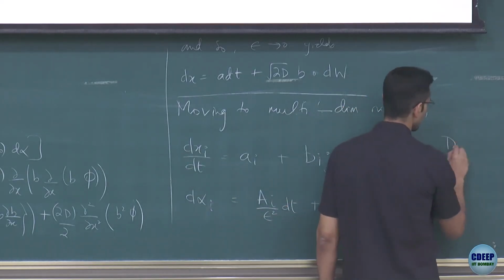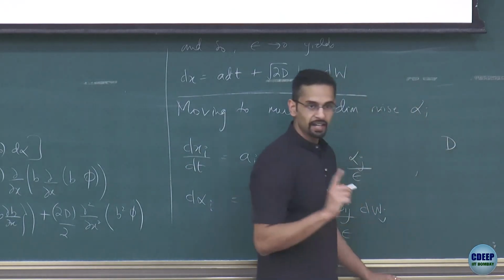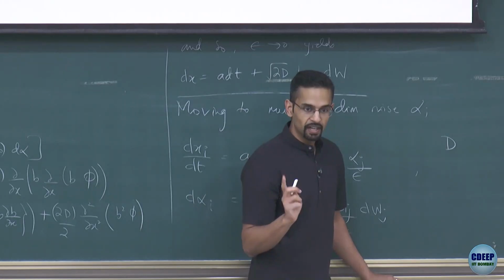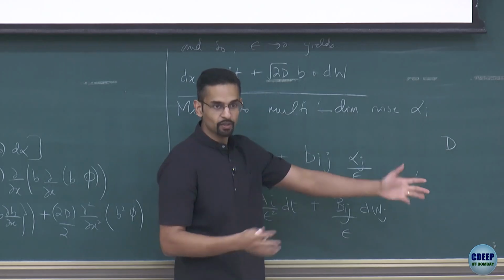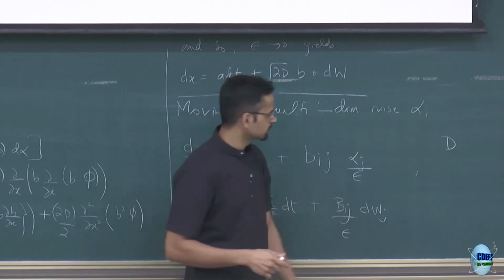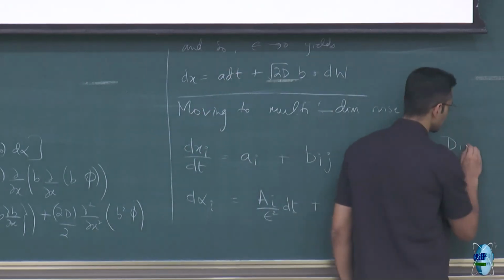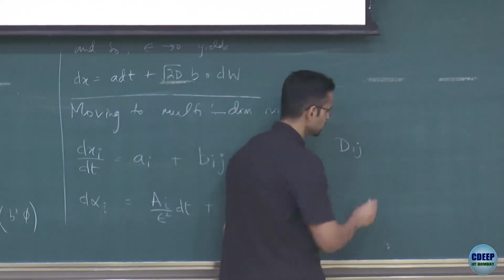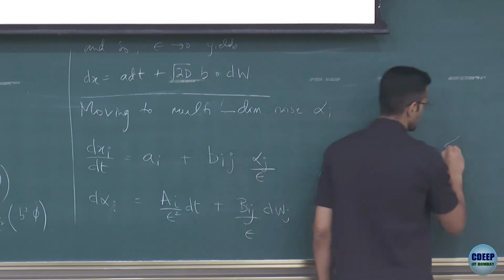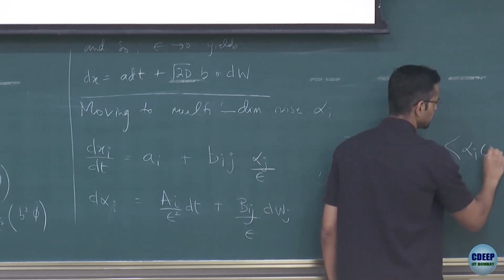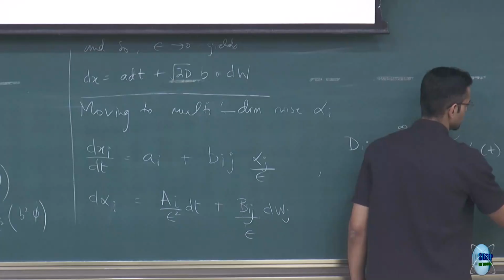Where I had just one constant d, I will have again autocorrelation between the vector components. So what you will find being relevant instead of just d is now dij. That is again the integral from 0 to infinity dt of alpha i at t, alpha j at 0.